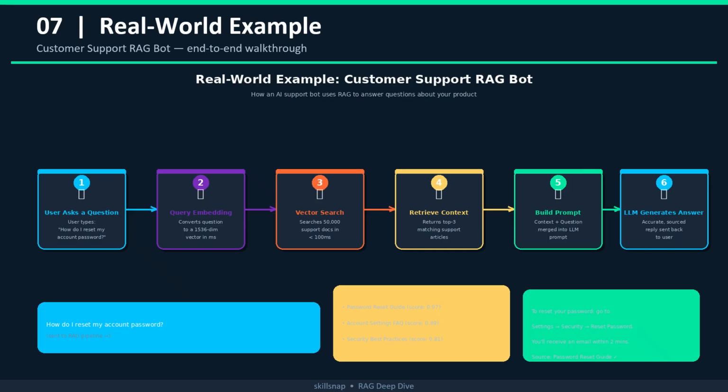As we have learned, first the user asks the question. That question is converted into a query embedding that goes for the vector search and retrieves context. Now that context, along with the user query, is sent to the prompt, and that prompt is sent to the LLM, which will generate an accurate answer for me.